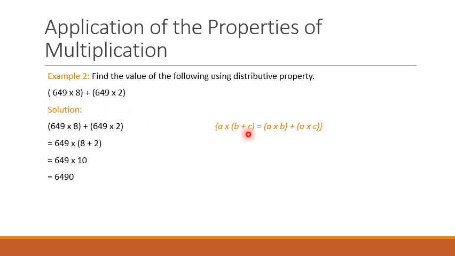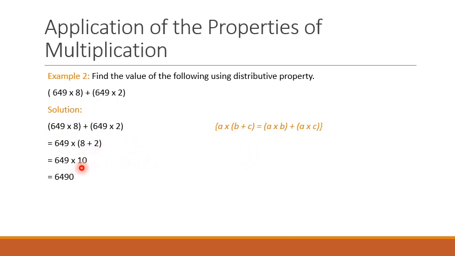Here the problem given is in the form a multiplied by b plus a multiplied by c, and it can be written as a multiplied by the sum of b and c. So here 649 is common, so I write 649 outside. 649 into 8. Now here we have a plus sign, so write the plus sign here. 8 plus 2. So in this way we are using the distributive property.